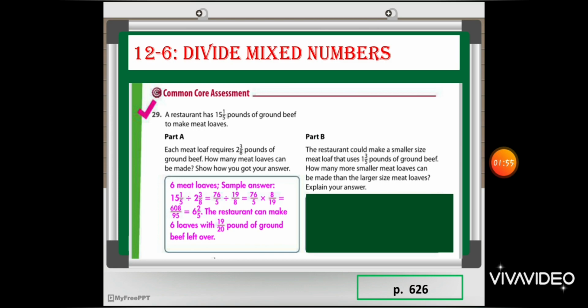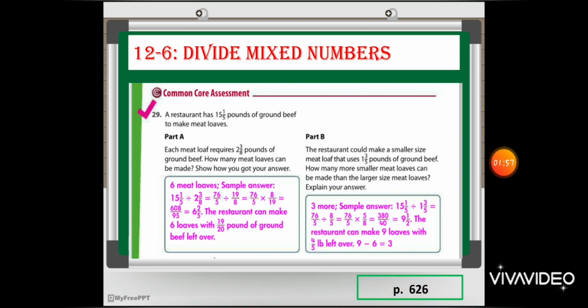So we can answer this same thing, dividing the two mixed numbers. 15 1/5 divided by 1 3/5. First, change them again to fractions. So we will have 76/5 divided by 8/5.